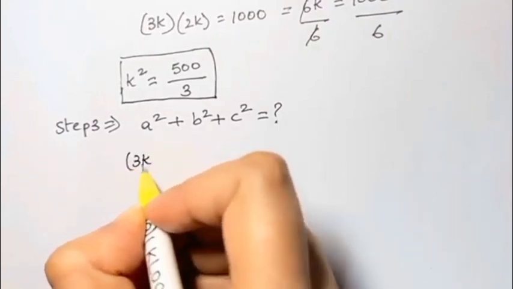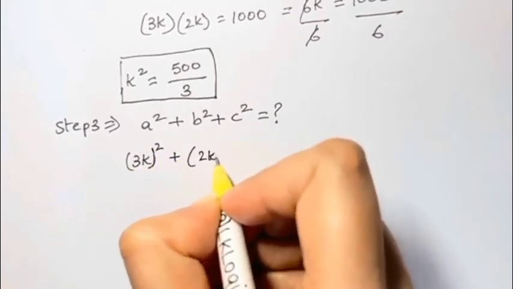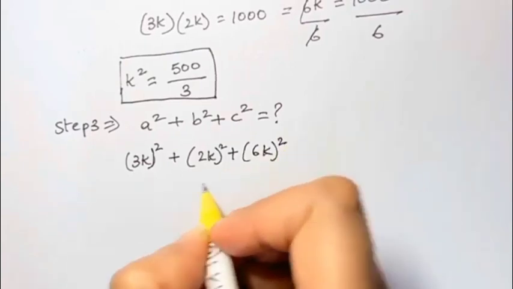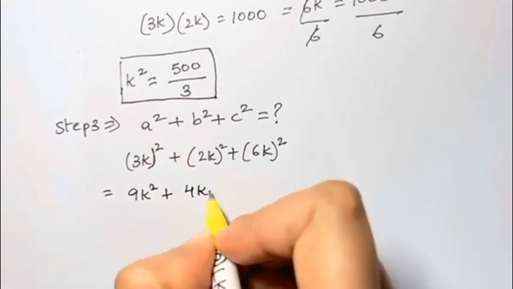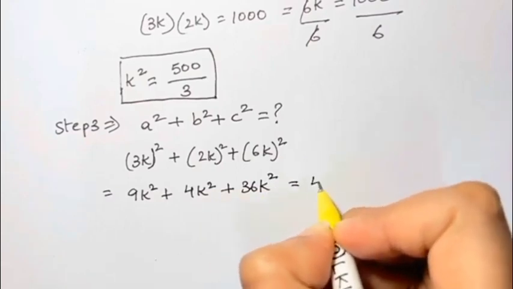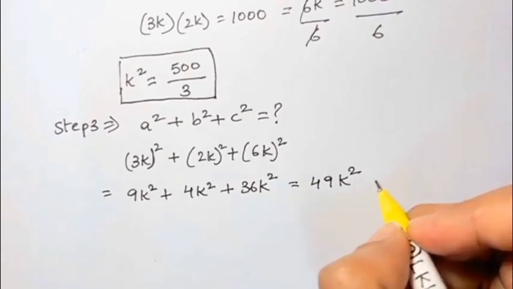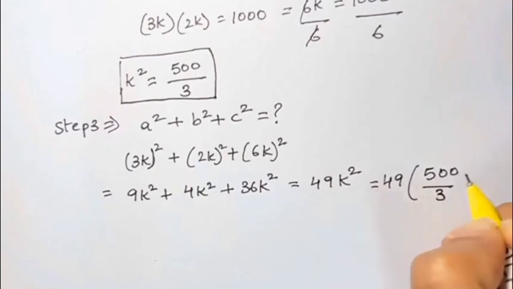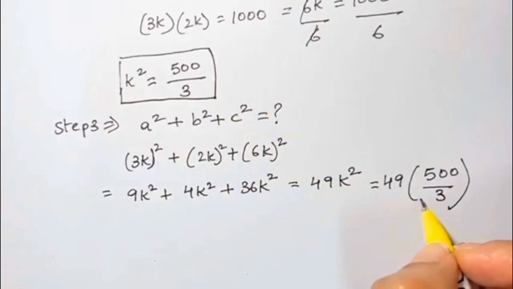So let me write it down, 3K the whole squared, plus B is 2K, 2K the whole squared, plus C is 6K, 6K the whole squared, which is equal to 9K square plus 4K square plus 36K squared, which is equal to 49K squared. And what is K square? K square is given to us as 500 over 3 from here. So I'm just substituting in place of K square.